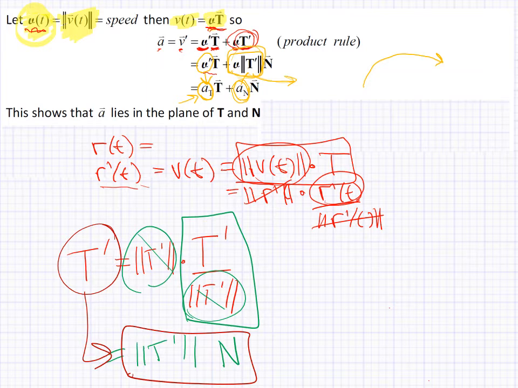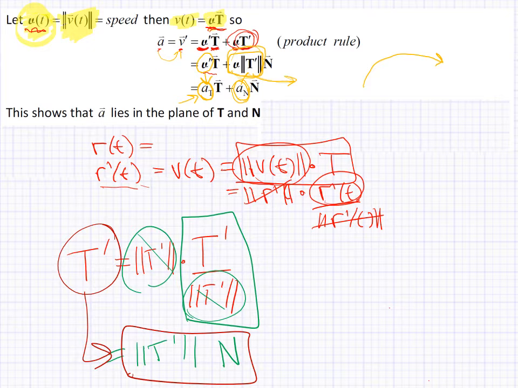So again, acceleration should describe the change in the velocity. But velocity as a vector has two components: it has its magnitude, which we call speed, and it has direction. So we want to figure out how the acceleration vector describes both of those changes.